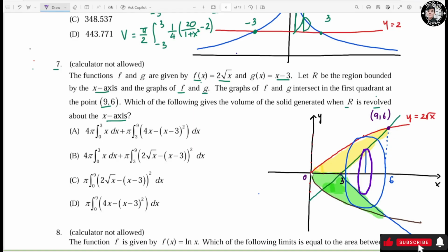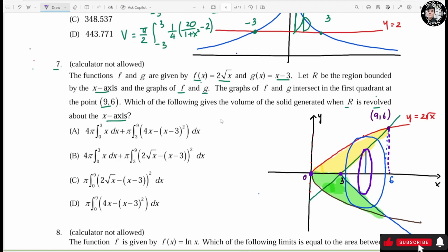The first one is the integral from 0 to 3. This one is solid, so we need to use the disk method, because we don't see a hole. For the second one, from 3 to 6, we need to use the washer method because we have a hole in the middle.